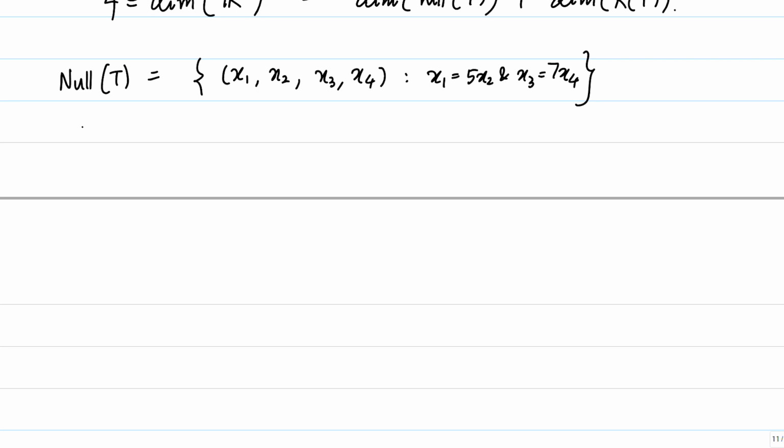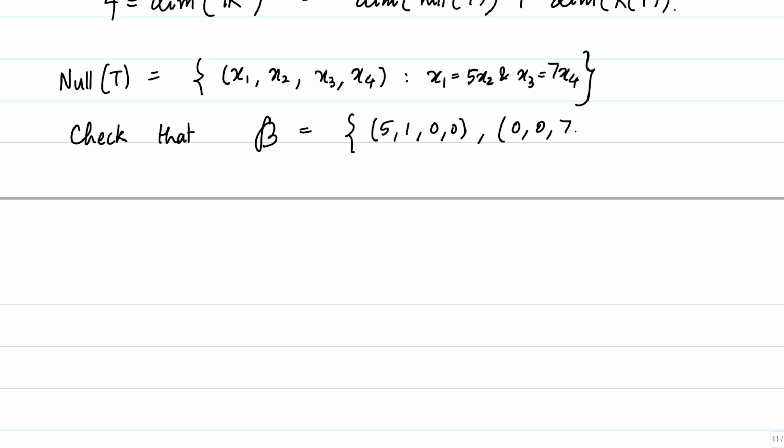I will just say that, from whatever we have seen in the first 2 weeks, check that B, which is given by (5,1,0,0) and (0,0,7,1), will turn out to be a basis. So you should check this out.